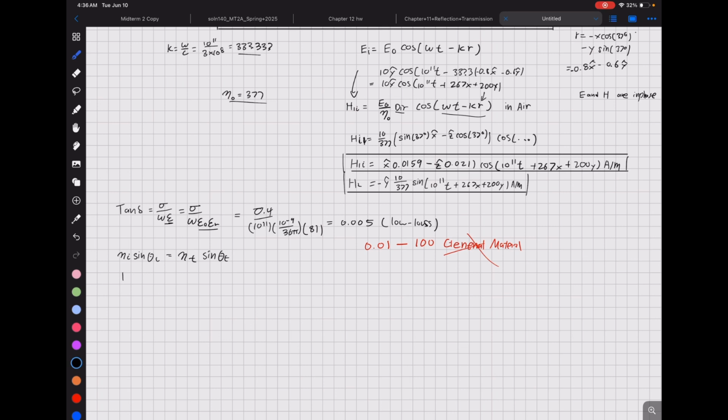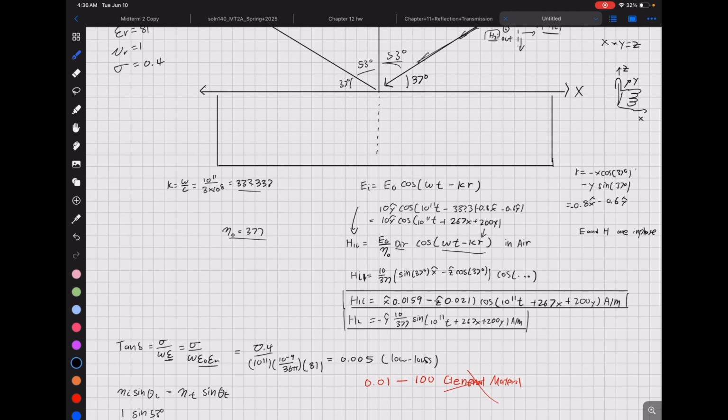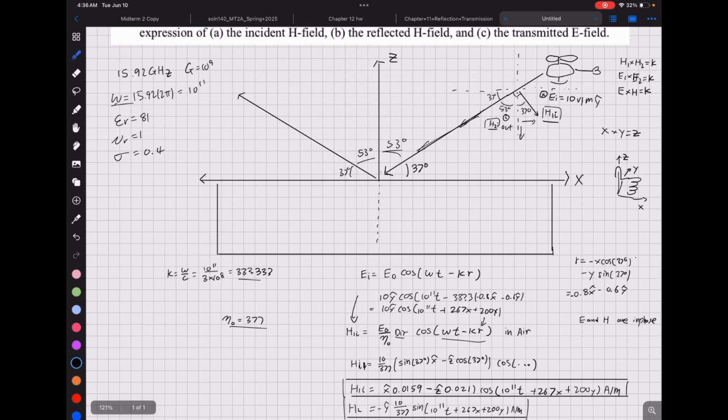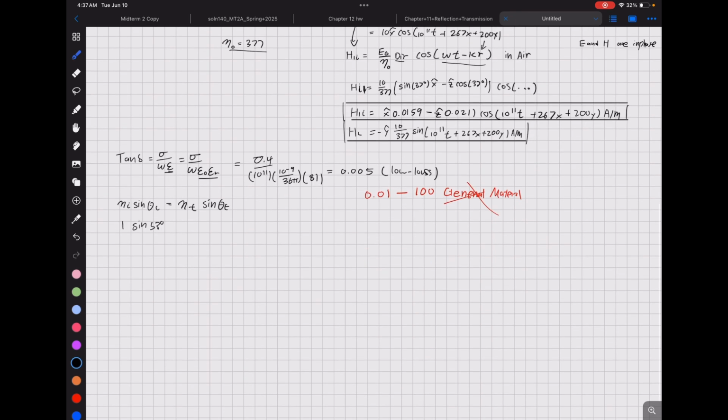So 1 in there, and the incident angle is going to be 53 degrees, because for Snell's law we need to use the angle that's normal to the plane. This is our plane down here, and this is normal to it. So we're going to be taking this angle here, 53 degrees.